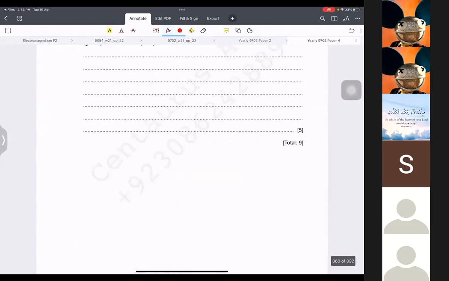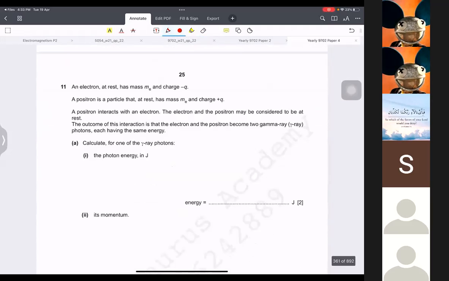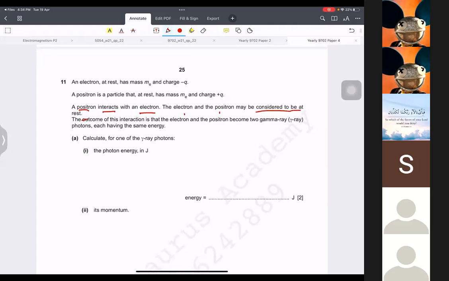All right, then band theory is out, and this is okay. Calculate for 1 gamma ray photon the photon energy in joules. But the point is that do we even know the wavelength of gamma, or is he trying to enforce that? Well, it doesn't matter, because it says a positron interacts with an electron. The electron and positron may be considered to be at rest. The outcome of the interaction is 2 gamma ray photons, each having equal energy.